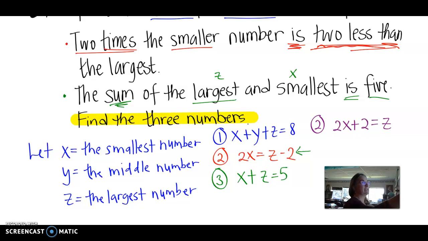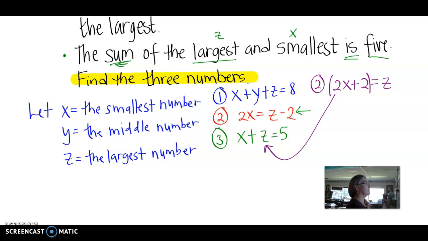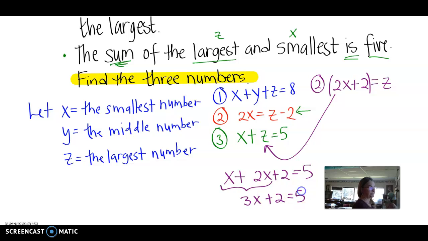And then if I know that z is equal to this, I can substitute that into equation 3. So I'd have x plus, instead of writing z, I'm going to write 2x plus 2, because that's equal to z, and that's equal to 5. I don't need to put it in parentheses because I'm not multiplying it by anything. So then I can combine these like terms. I get 3x plus 2 equals 5. Then subtract 2 from both sides, and I get 3x equals 3.